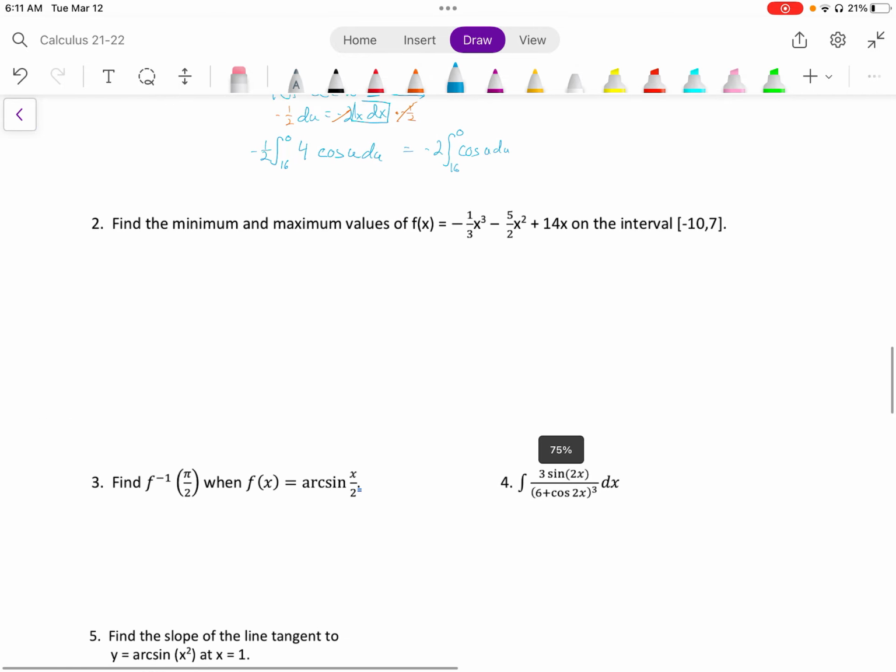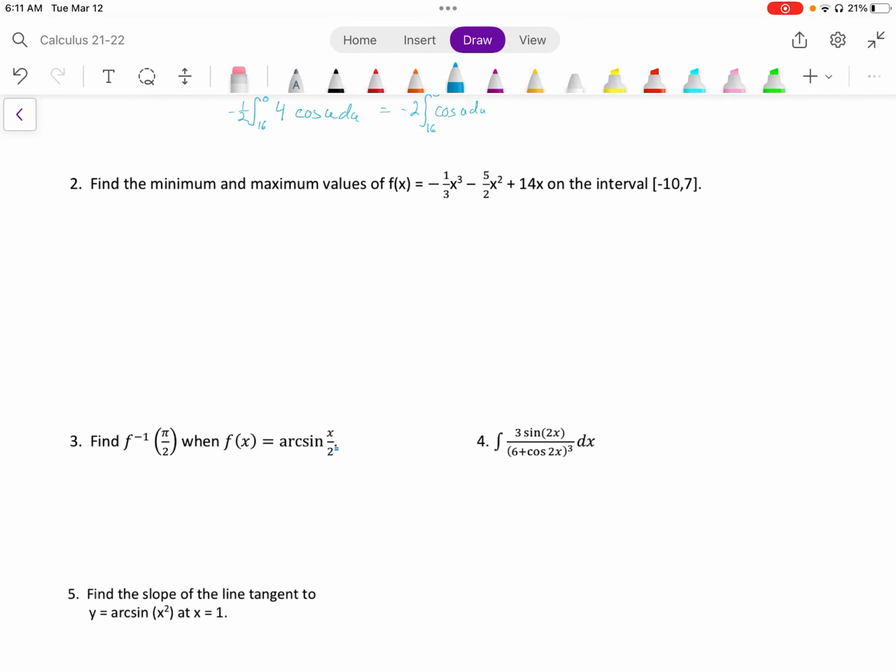All right, the next one, find the minimum and maximum of this function on the interval negative 10 to 7. So this is a closed interval. We do know that this graph looks something like this. It's negative cubed, so it looks something like that.